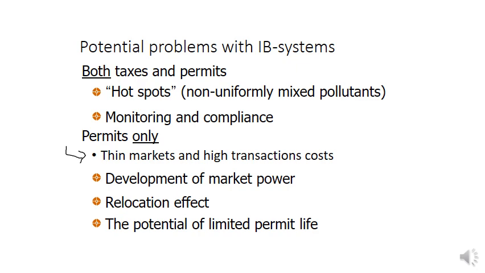That means it could have been quite difficult for the green and brown firm to find each other and negotiate over the price of a permit. Also, it made the green firm much more powerful in a market sense than the brown firm. And while we might think that's good with bads like pollution, it's not clear a priori that that's an outcome you want.